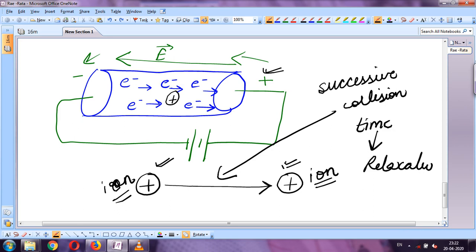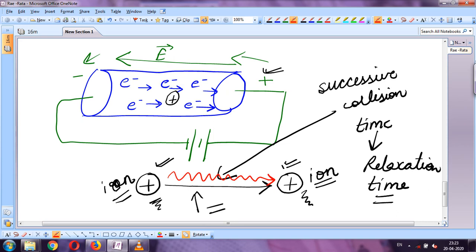Why relaxation time? Because during this time duration only, the electron relaxes. Otherwise here its velocity was 0 and again here its velocity becomes 0. So in this distance between them, it relaxed and was able to accelerate itself.